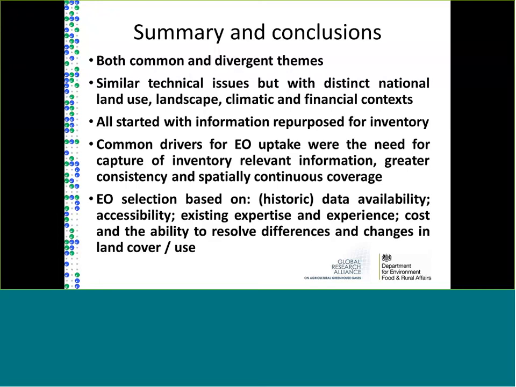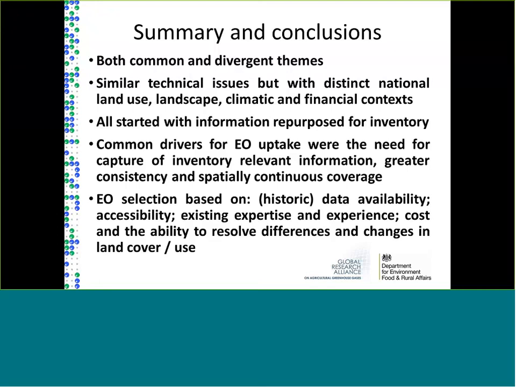The selection of observation data based upon historic data availability, accessibility, existing expertise and experience, cost and the ability to resolve differences and changes in land cover and land use. So we see these same themes coming out.